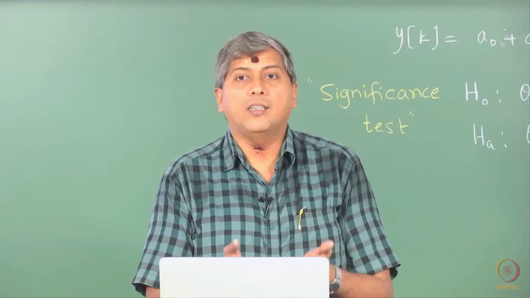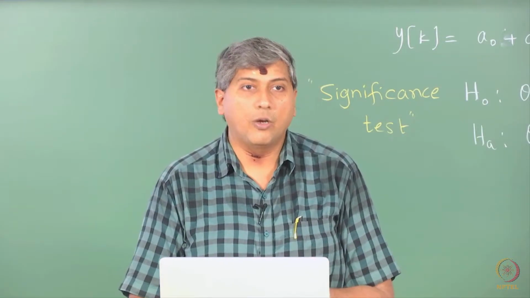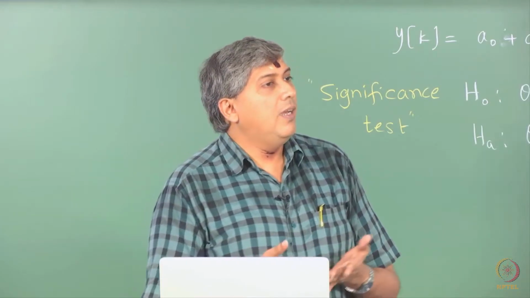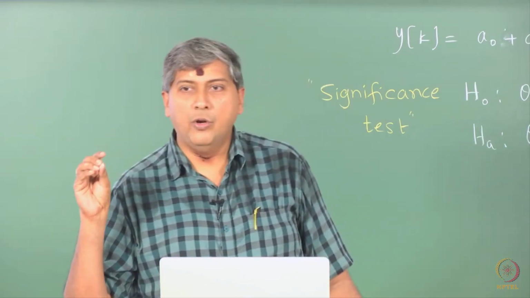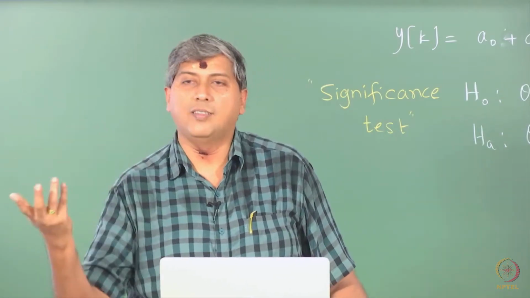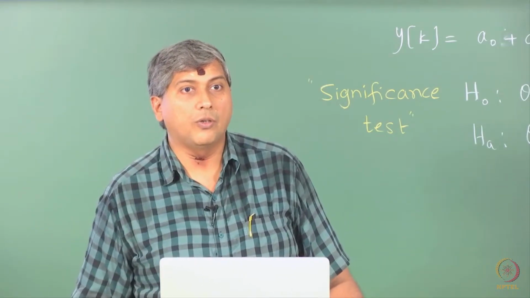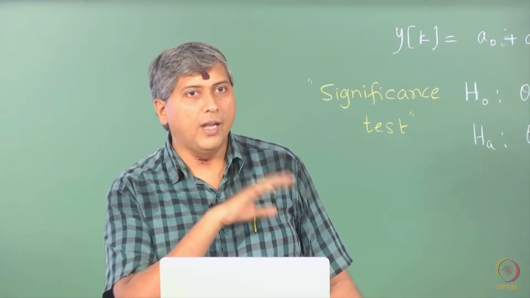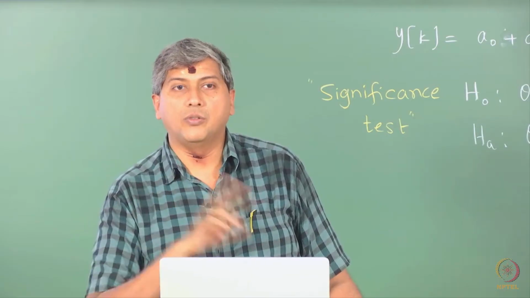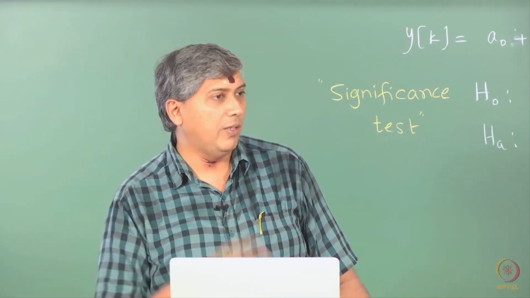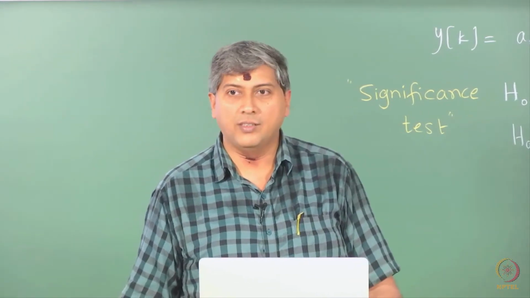In this case, although I said earlier that theta hat follows a Gaussian distribution, when the variance of the corrupting noise is unknown, theta hat follows a t distribution. We have talked about this in the context of sample mean, right. When we were conducting hypothesis tests on the sample mean, we had 2 situations, variance unknown and variance known. When the variance is known, the sample mean follows a Gaussian distribution.